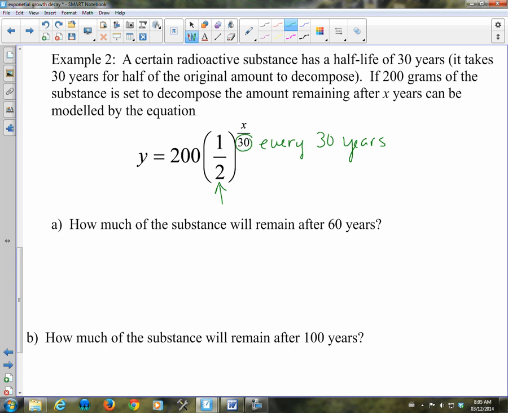So if we think about it, after 60 years, it splits in half every 30. So that would mean it splits in half twice over 60 years. So we can use our equation. The years is our X. So we take out the X and we put in 60.